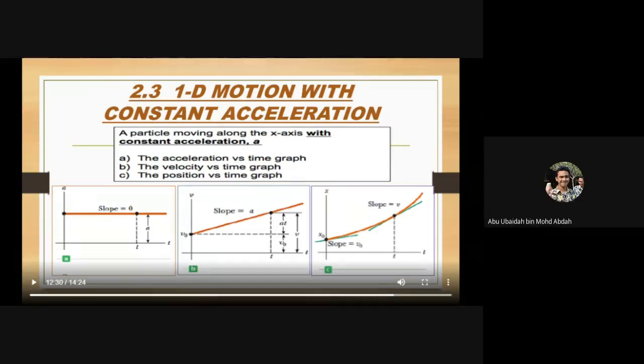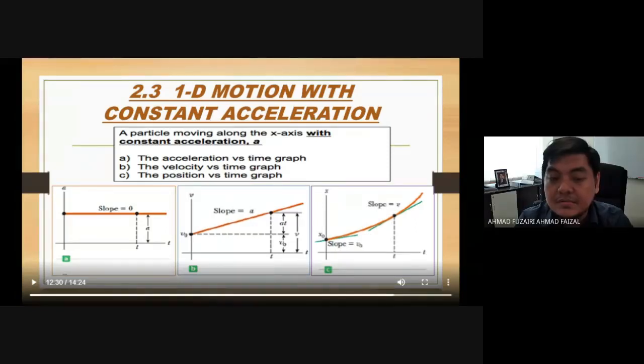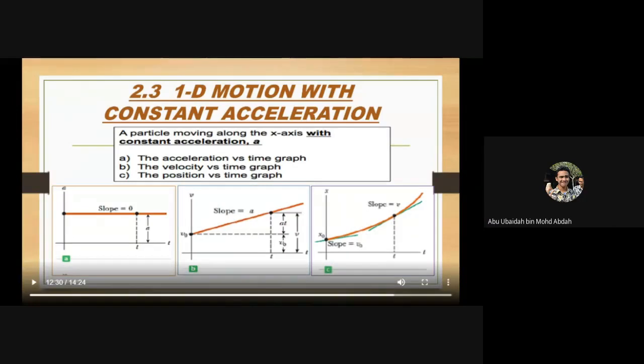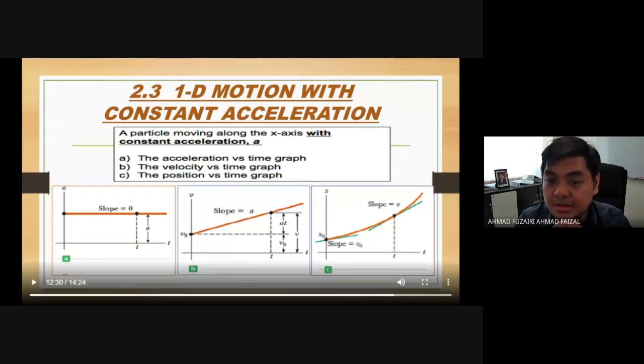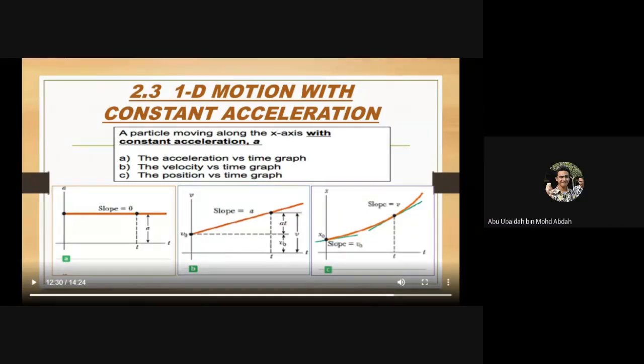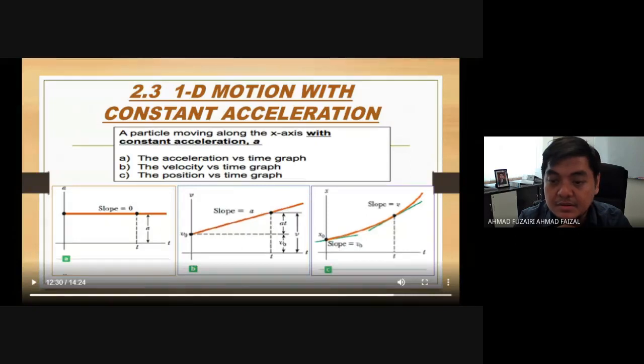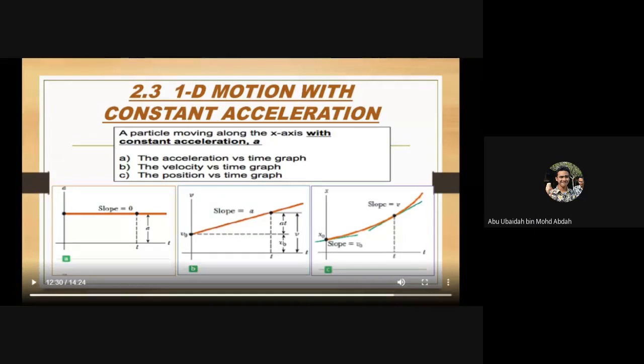Contoh untuk V versus T graph. Lepas tu velocity. V versus T graph ke tak? Untuk V versus T ke untuk X? Abu, untuk A versus T ke V versus T ke X? V versus T ya? Am I right?